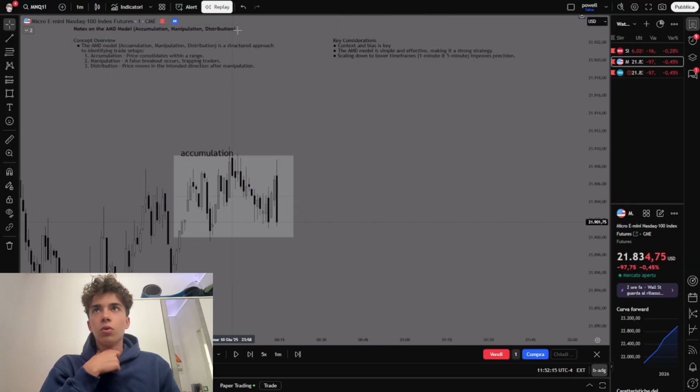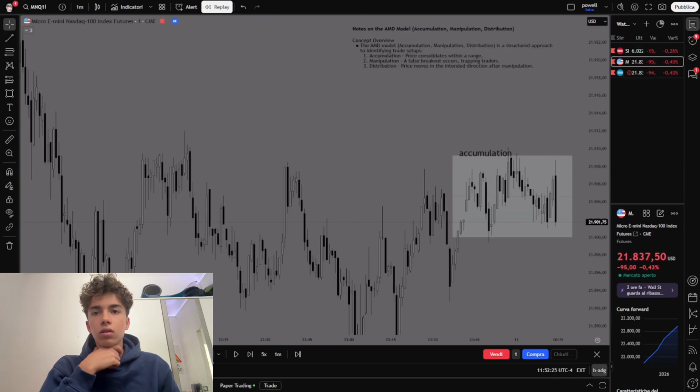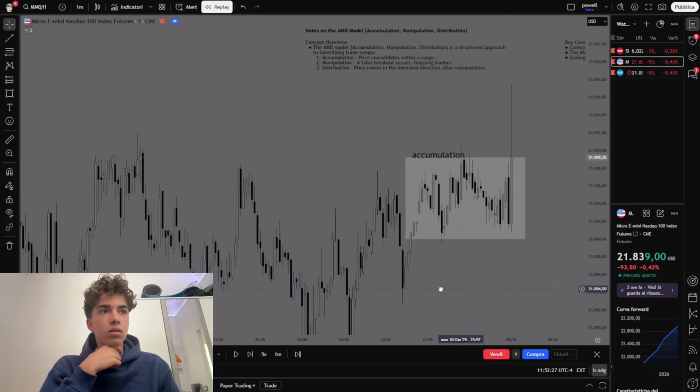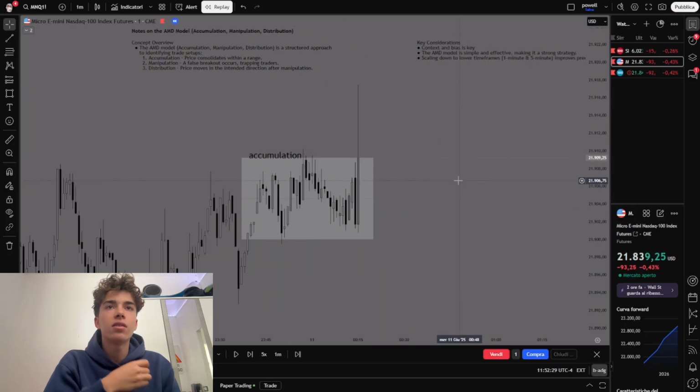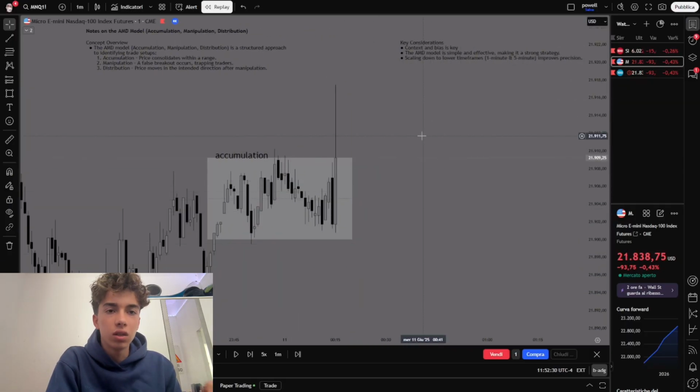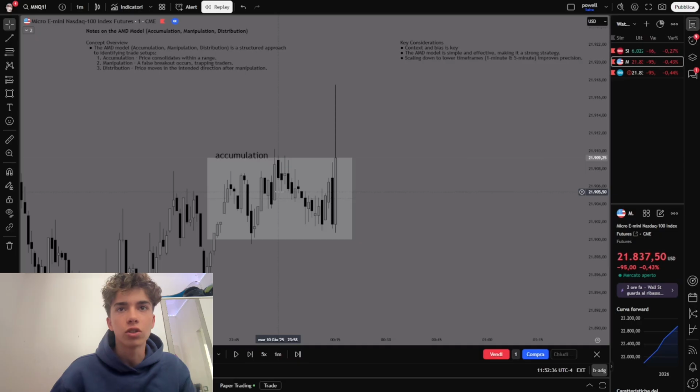After this, what do we get? We get the manipulation, which is a big move either up or down. It doesn't need to be just one candle, it could be 2-3 candles.